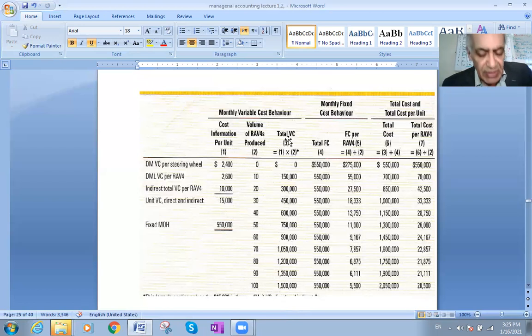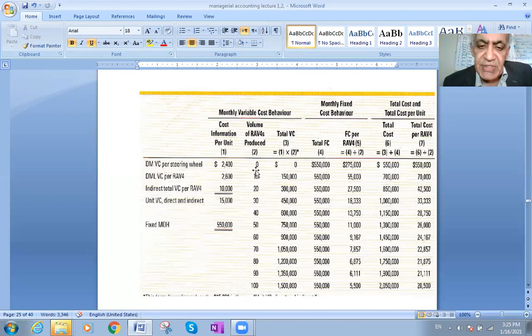How do I calculate it? I multiplied the numbers of column 2 by the variable cost of column 1, which is given. Or I might give it to you saying, knowing that the variable cost is 15,000, not in a column, outside. No problem.